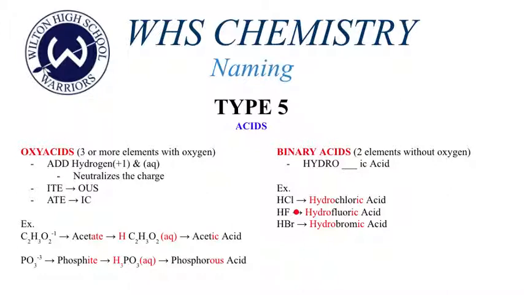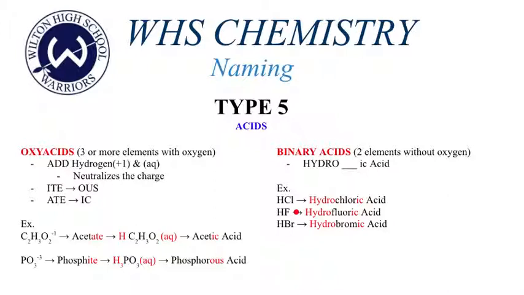You have to remember that the +1 of the hydrogen, you're always adding it to neutralize the charge of the compound. So if the overall charge at first is a -2, you want to add 2 hydrogens in order to have a +2 charge to neutralize that -2 to make it 0.